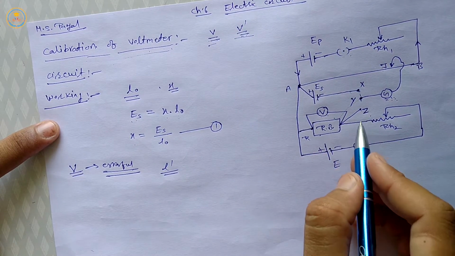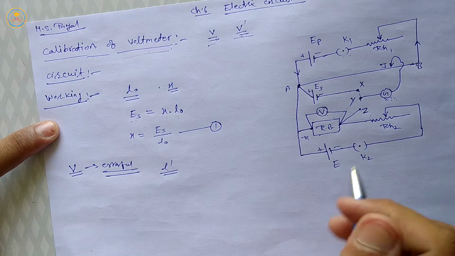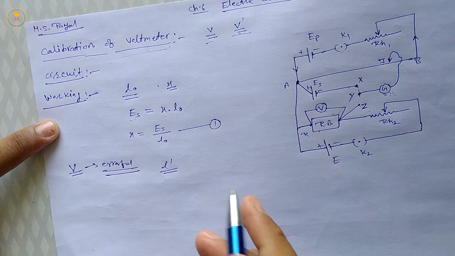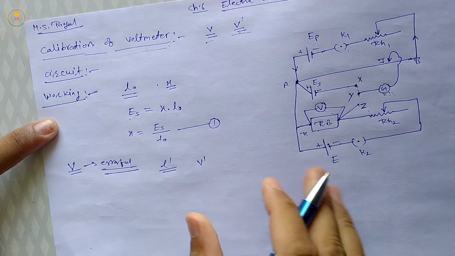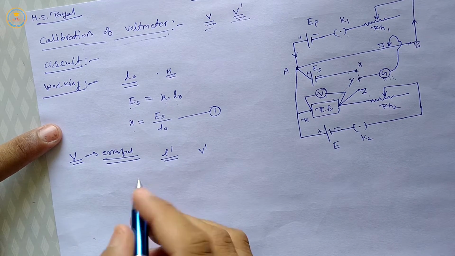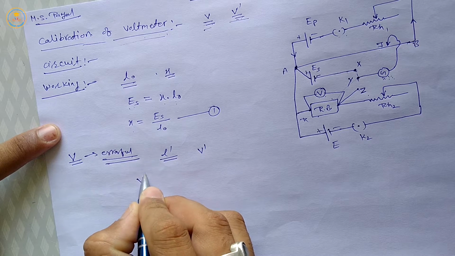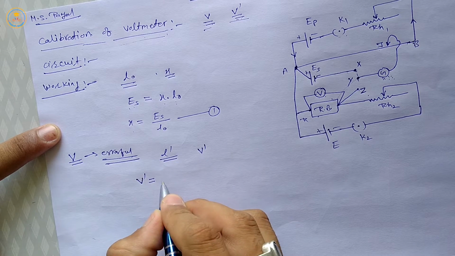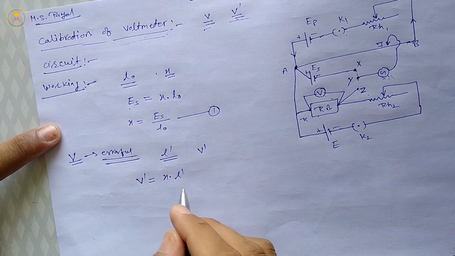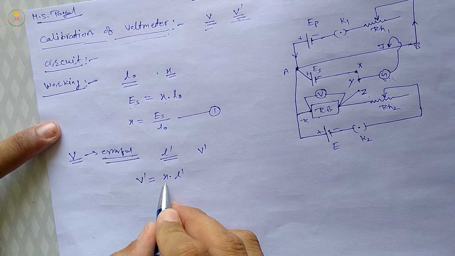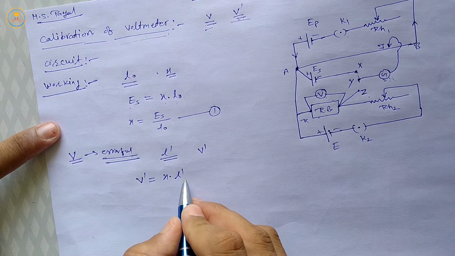Then the real value of potential difference by the potentiometer, suppose this is V dash. Again from the principle of potentiometer, the real value of potential difference V dash is equal to X into L dash, the product of the potential gradient and the balancing length.